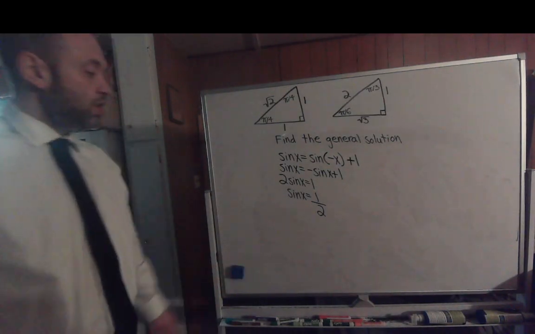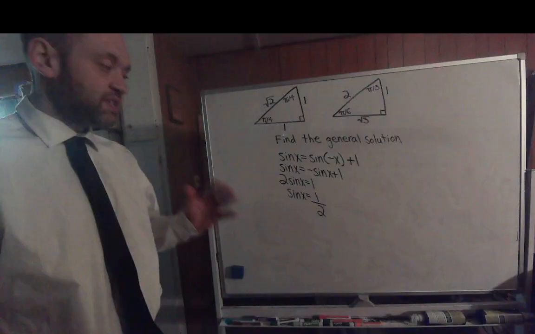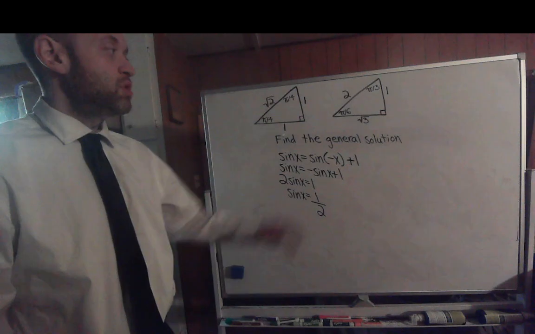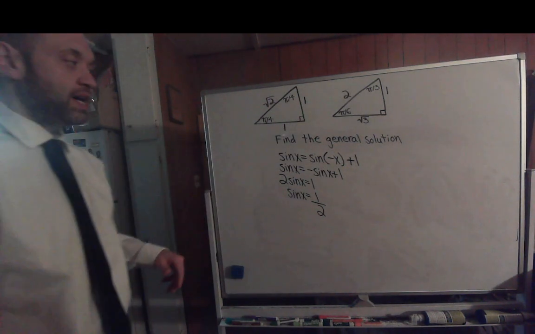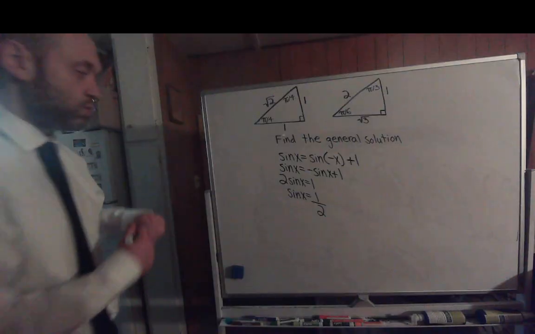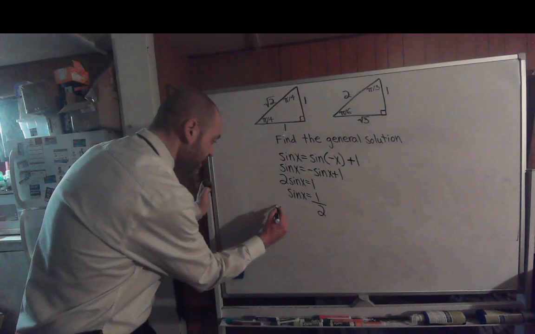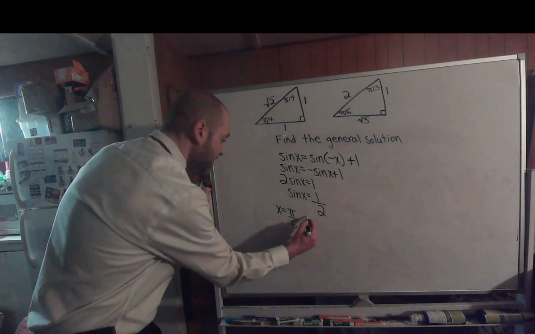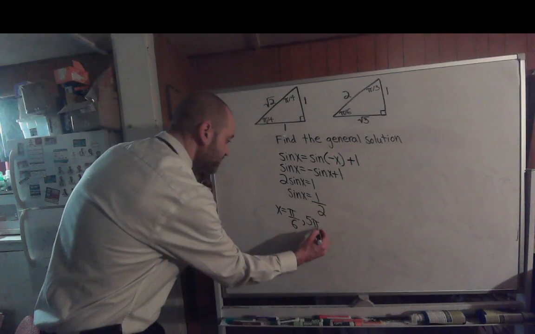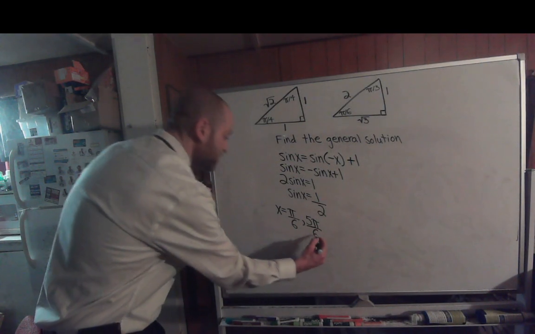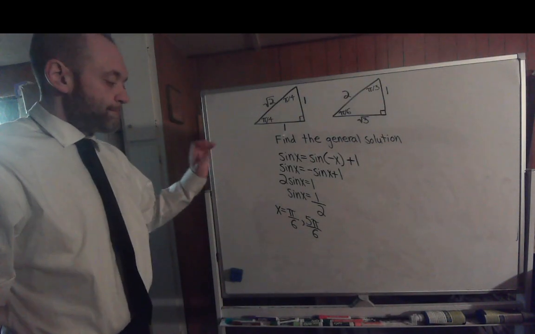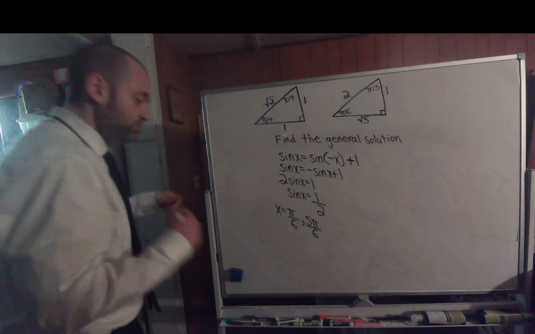Well, okay, so where does the sine of x equal 1/2? It's going to be at multiples of pi over 6, right? And specifically in the first and second quadrant. You would get x, of course, equals pi over 6, and then you'll have it again at 5 pi over 6. But we have to use the fact that sine has a period of 2 pi.